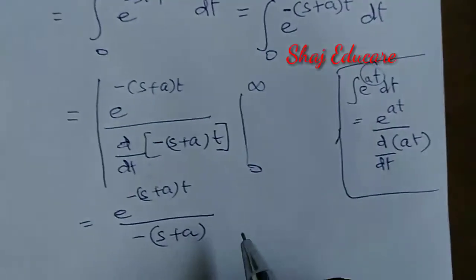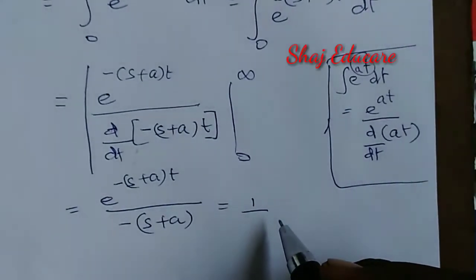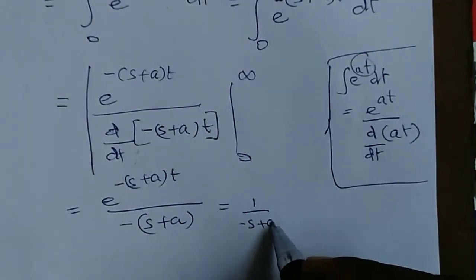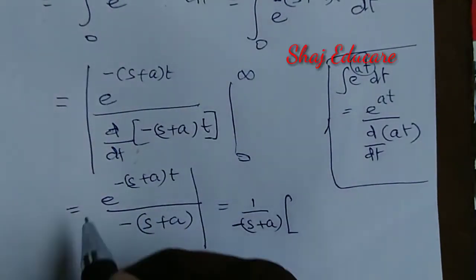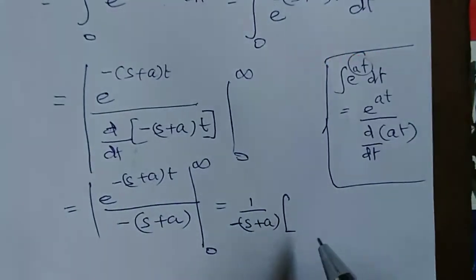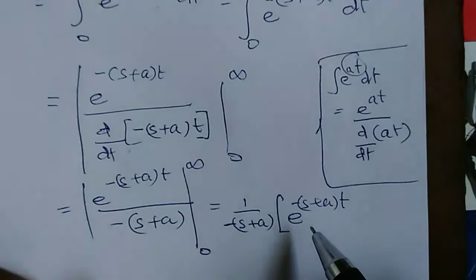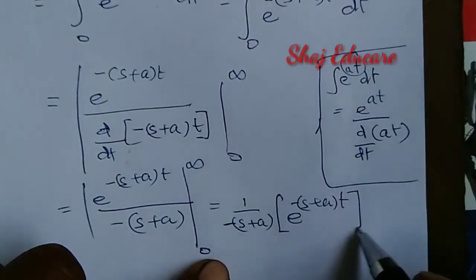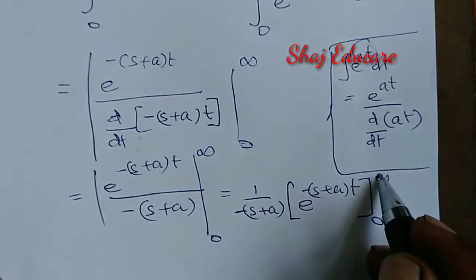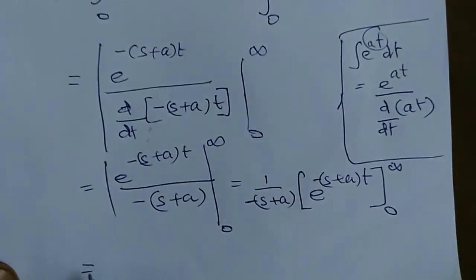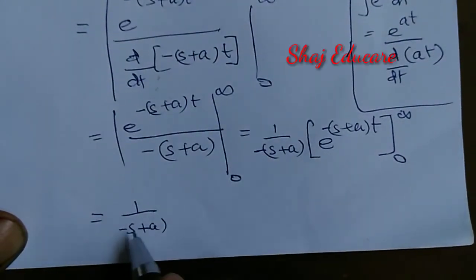Now let us take this 1 divided by minus s plus a outside, then I'm getting e raised to minus s plus a into t within this integration limit. Now let us substitute the upper limit, then minus the lower limit.